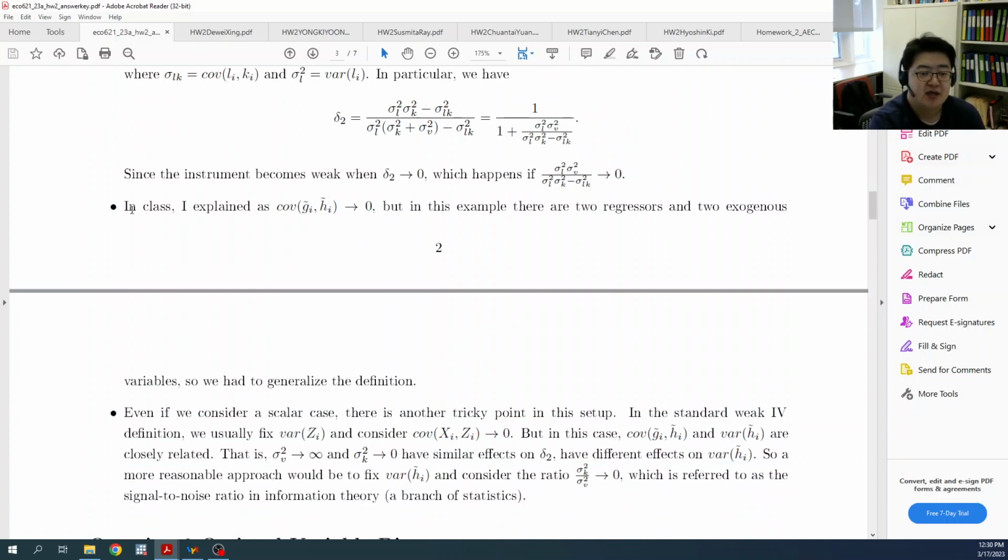That is, in class, I explained as if the weak instrument means this thing: the covariance between the instrument and the endogenous variable goes to 0, or their matrix determinant converges to 0. But in this example, actually this is not exactly the case.